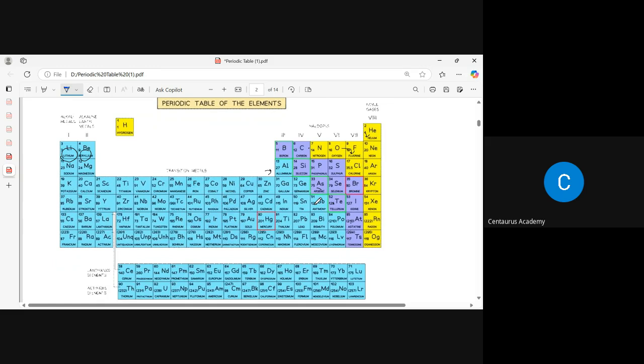For example, they might ask you to tell us a metal which is liquid at room temperature and pressure. You should know these points. There's only one metal which is liquid at room temperature and pressure, and that is mercury. The rest of the metals tend to be solid, be it transition metals or group 1, group 2, or group 3 metals.